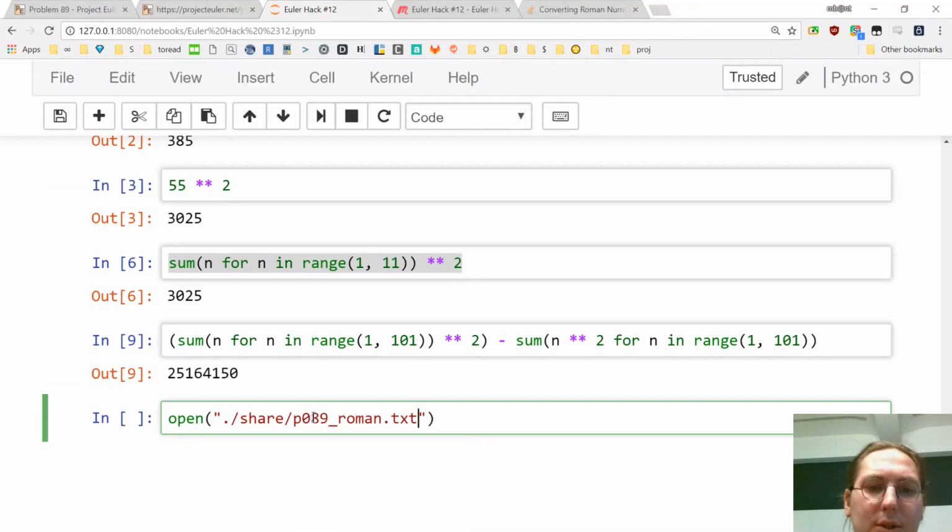Yeah. 89. Oh, Roman. 089. Yeah. Okay. Lines list, I guess, or strip. Actually, this works easier if I probably do read and then split lines. I think this is the easiest. Okay.